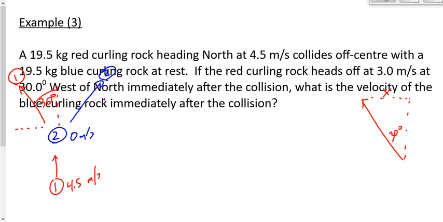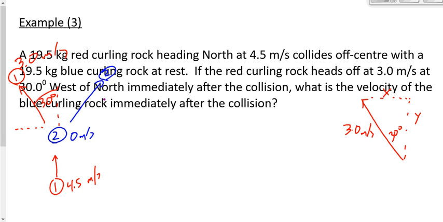This is X, this is Y. What was the speed there? 3.0? This is 3.0 meters per second. Careful here, because the X component is opposite. It's going to be sine, right?